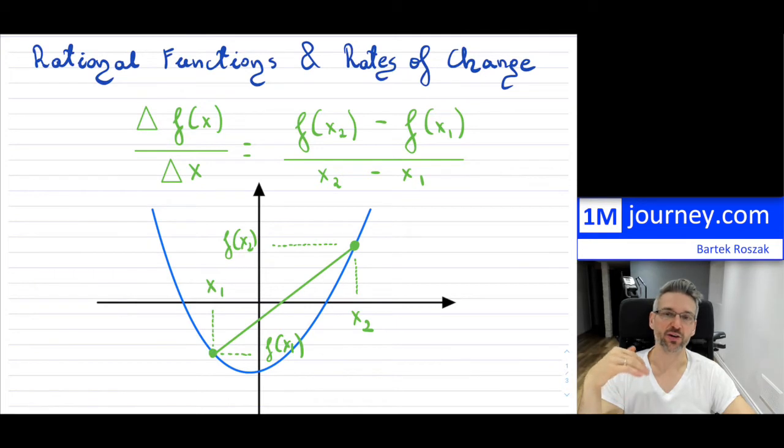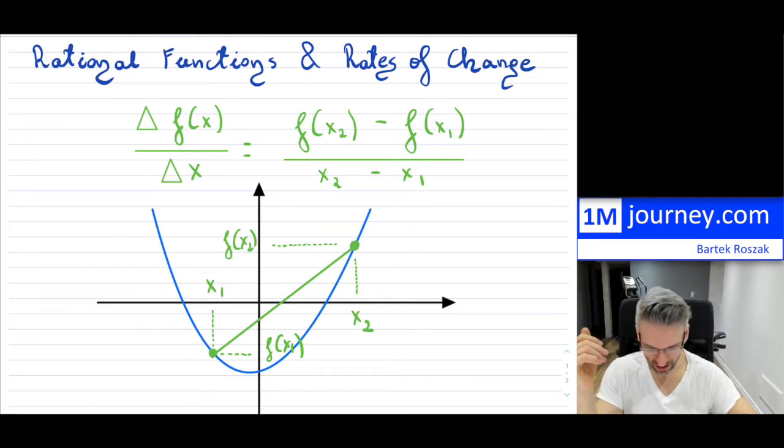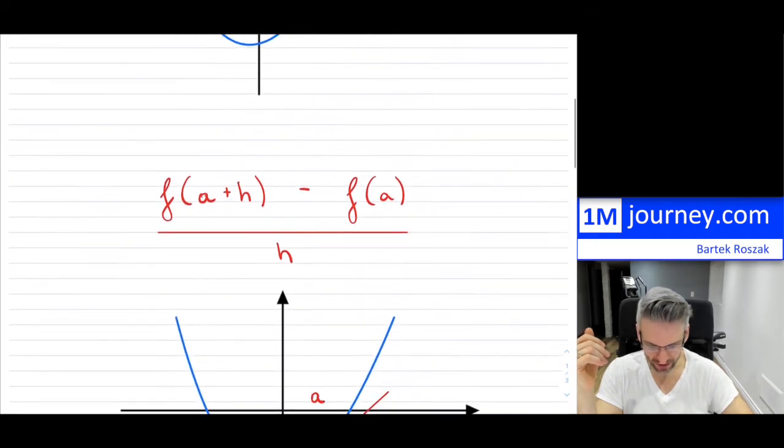And then you also were starting to think about and talk about tangents at a particular point of a function, and that started to intertwine the instantaneous rates of change that you would have. And those instantaneous rates of change, we defined in this way.